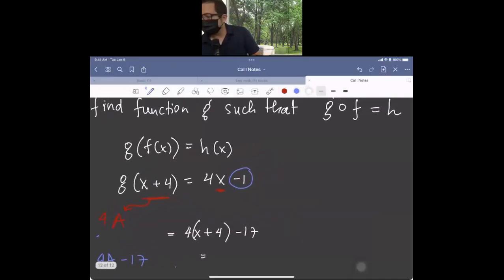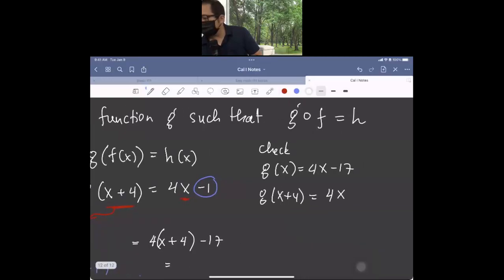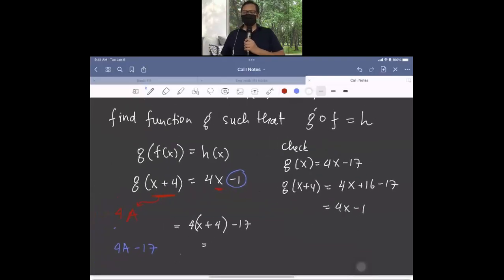So let's check that our g of x is 4x minus 17. We make this x plus 4, which is 4x plus 16 minus 17. So we have this one, okay?